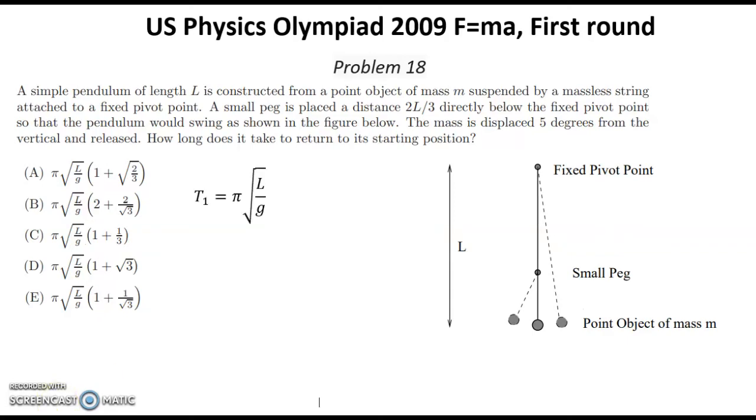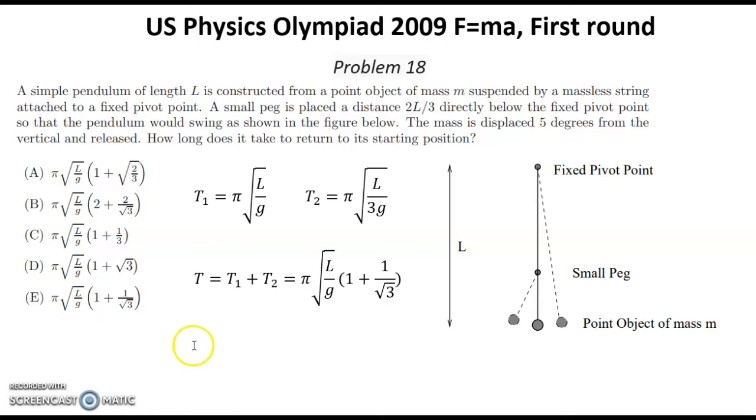That will be a half long period. And also we have half of a short period. That's this one. And now we can calculate the total time to move from this point back to this point. That will be this expression. If we look at this expression, that's exactly answer E. So the correct answer is E.